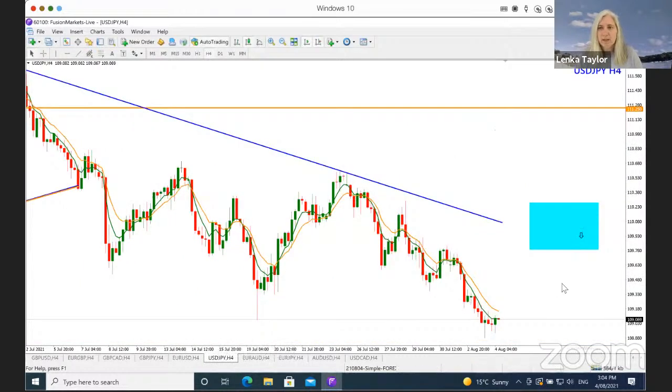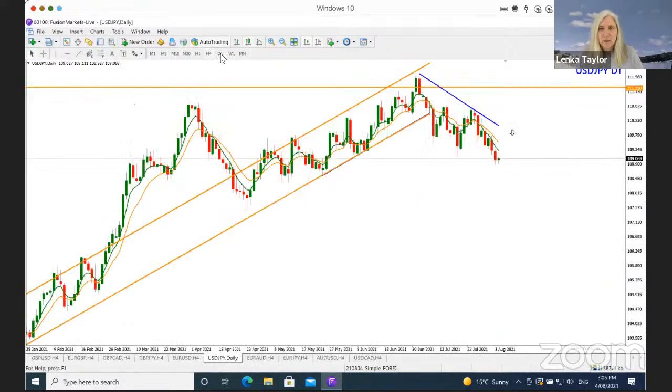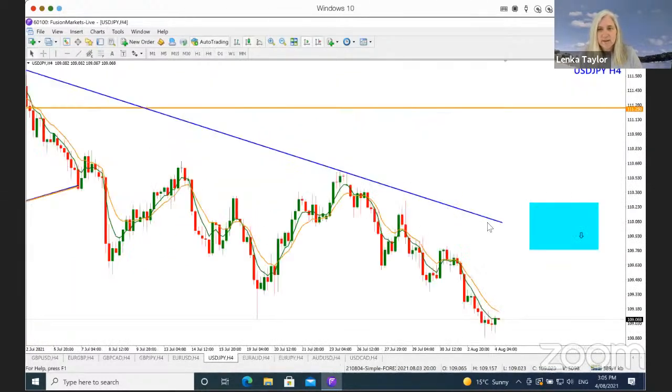Next currency pair I'm looking at is USD/JPY. And this currency pair I'm looking at a short. So it has already gone down quite a bit. So at the moment, if you're not already in the trade, just wait until there is a pullback all the way to the trend line or to a horizontal level.